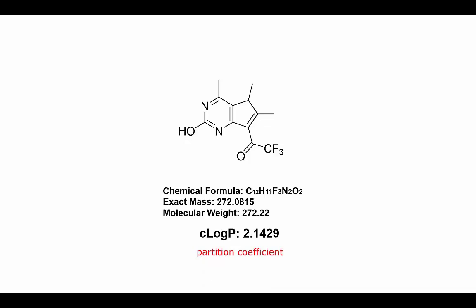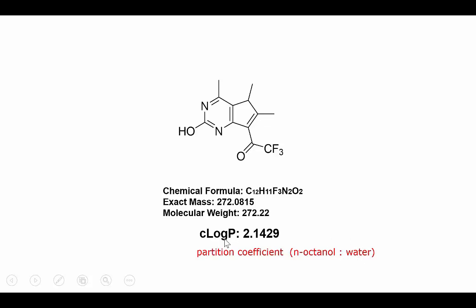Now you may ask about the parameter log P. What is log P? P is the partition coefficient, and we just take the log value. This is the partition between two solvents, normal octanol and water. You mix one molecule in this two-phase system and then measure the partition of octanol over water. If the log P value is 0, the distribution of the molecule in these two solvents is 1 to 1.